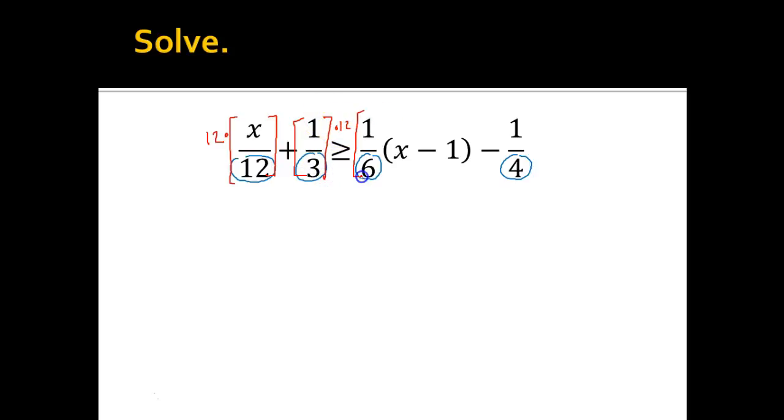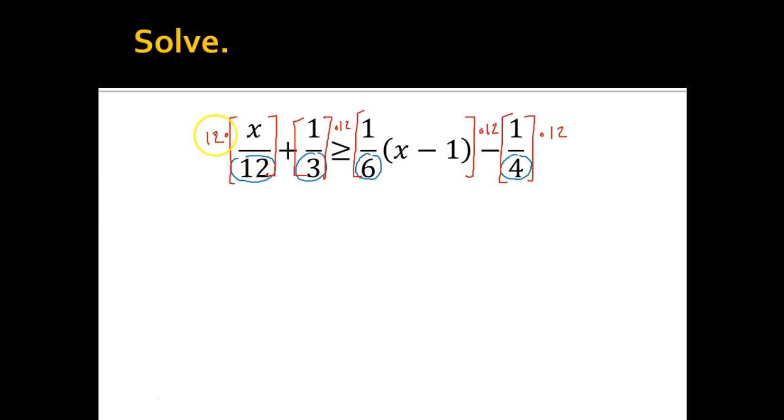And now here, this is a little bit tricky. This is 1/6 times x minus 1, so that is one whole unit right there. So I'm going to multiply that by 12. And then the 1/4 with a minus sign in between, that's another unit. Now I'm going to multiply that by 12.